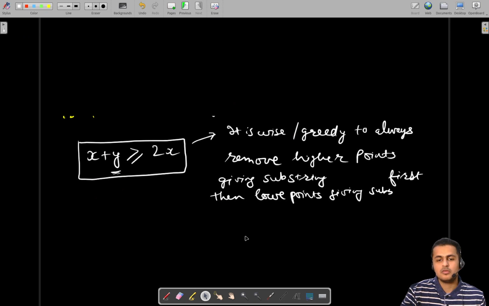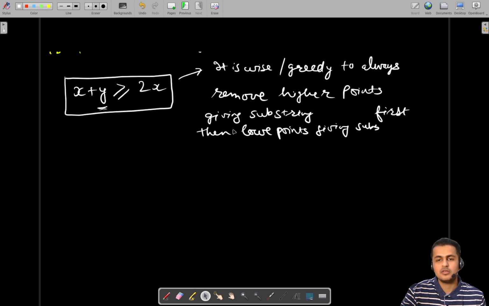So I was mentioning that it is wise to first remove the higher points giving substring and then the lower points giving substring. We have to remove in this order in order to maximize our points.